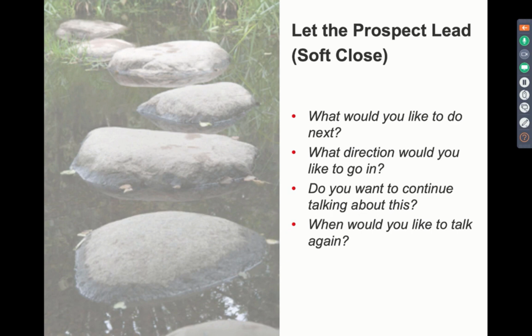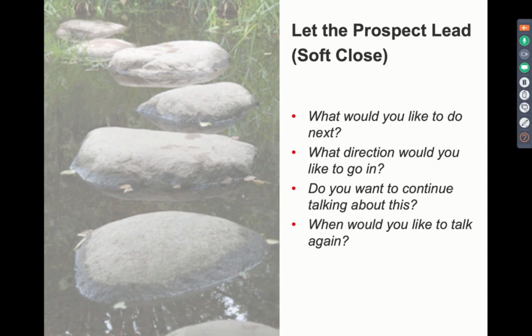Here, I want to point out, you have to do the other things correctly in order to have a soft close. The reason is, let's say you deliver a product pitch, talking about the product, but you don't do a good job of building interest, qualifying, discussing pain points. Then there's a good chance if you say, what would you like to do next, the prospect might say, I'm good, I'll get back with you.